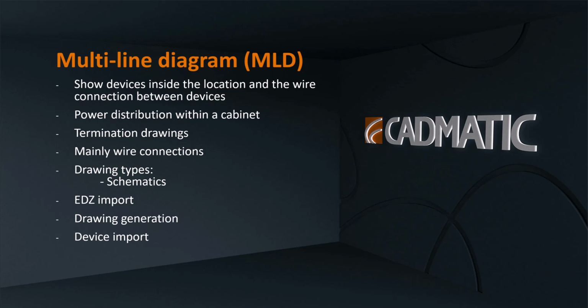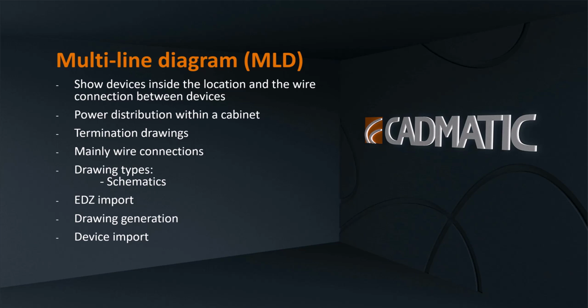From multi-line diagrams, I also want to highlight a few things. First one is an EDZ import. EDZ files are files that can be downloaded from ePlan. ePlan is also an independent electrical tool apart from CADMATIC. But there are these macros that contain information about all products that you can, for example, put into your cabinet, for example some safety switches or frequency controllers, any protection gear that you have in your cabinet.